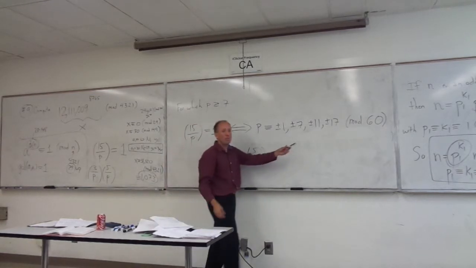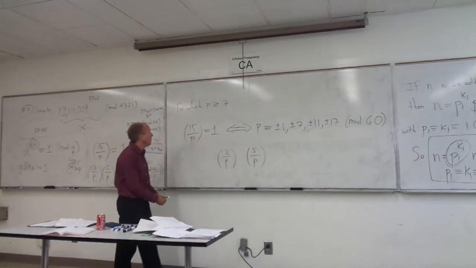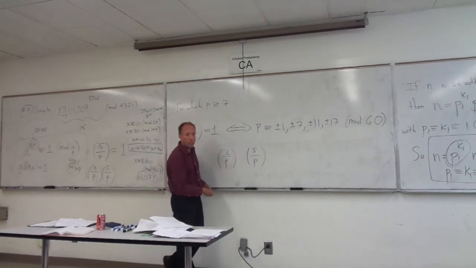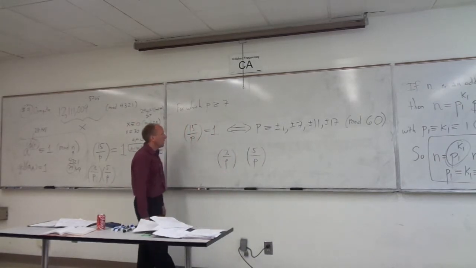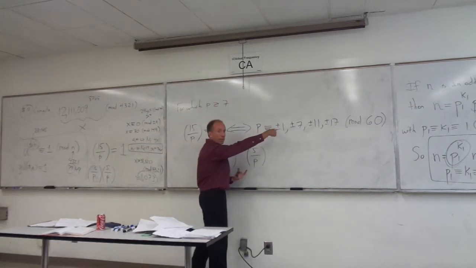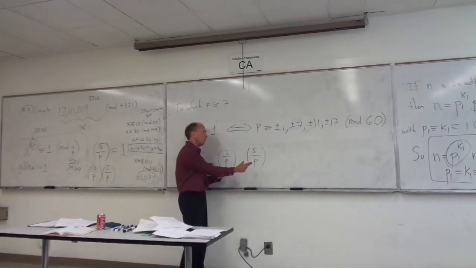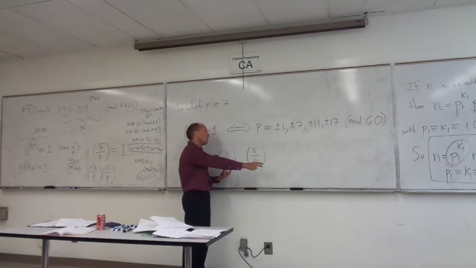So that's where a factor of 4 is coming in. You see there's a 60 here, it has a 4 in it, right? And then the 15 is kind of more obvious where that's coming from. So either these are both 1 or they're both -1. And so out of these 8 different cases, 4 of them are going to be ways in which both of these are 1, and 4 of them are going to be ways in which both of these are -1.